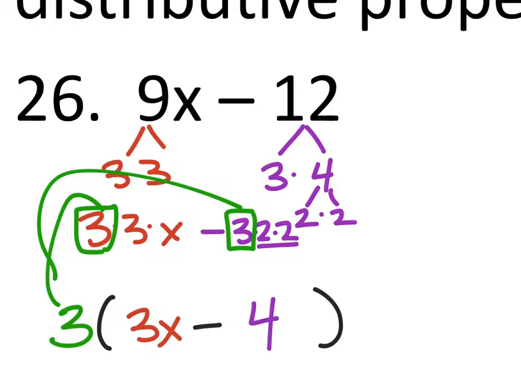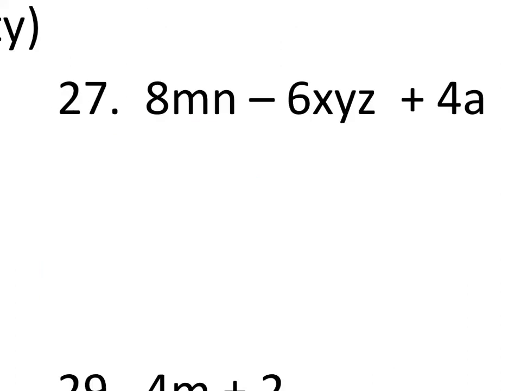Now, if you're wondering if you can check this, you can, just by distributing the 3 back into the parentheses. And when you do, you get 9x minus 12 anyway, so that works. And that way we know we factored it correctly, but there should be some checking between the 3x and the negative 4, just to make sure you have those completely factored, okay? Because sometimes students get it factored out, looks pretty, but they didn't factor it all the way. And having 3 terms isn't a big deal.